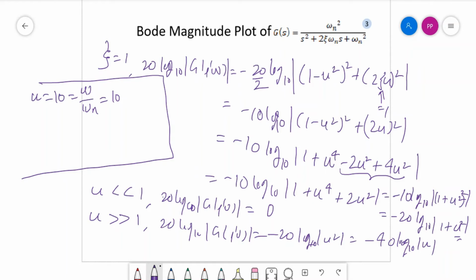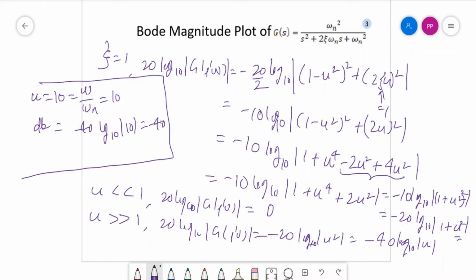In that case, the decibel gain will be equal to minus 40 log base 10 of 10, which is equal to minus 40. It means when you go to 10 times higher frequency, the gain will reduce by 40 decibels.